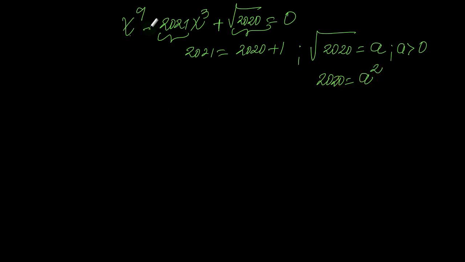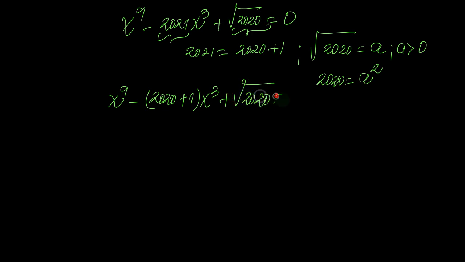So now let's rewrite our original equation as x to the 9 plus, instead of 2021, we're going to write 2020 plus 1, times x to the 3, plus square root of 2020, and this equals 0. From here, guys, we're going to make our substitution.